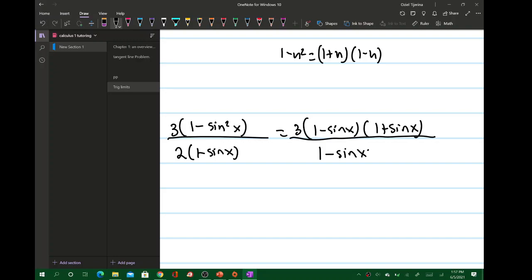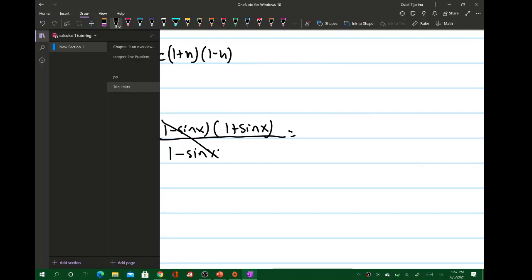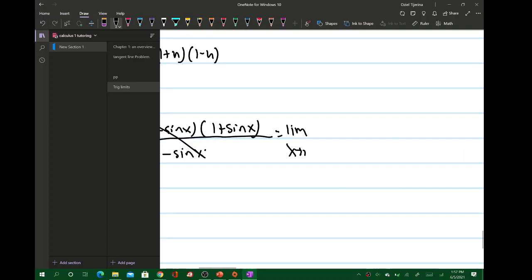So then you're going to cross this out, and you get the limit as x approaches pi over 2, right? Because it's pi over 2.